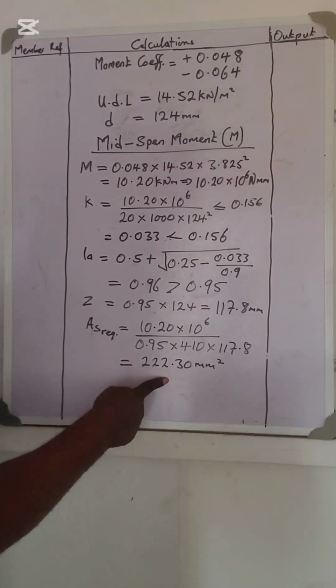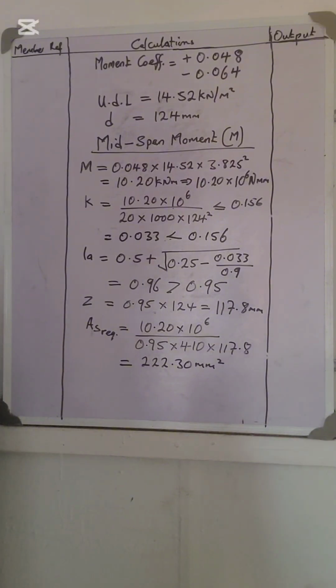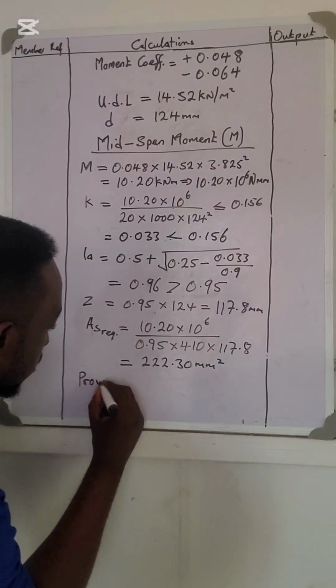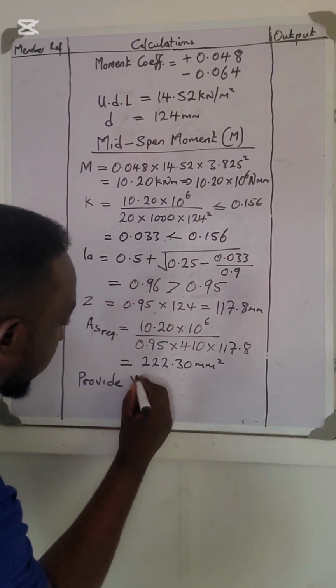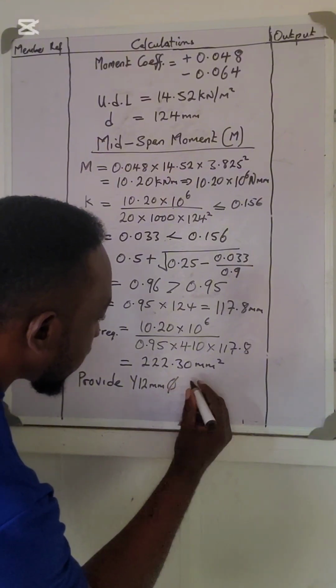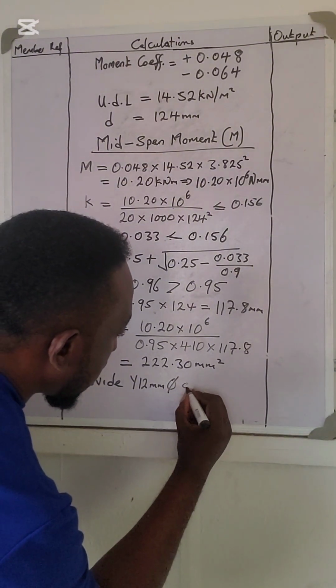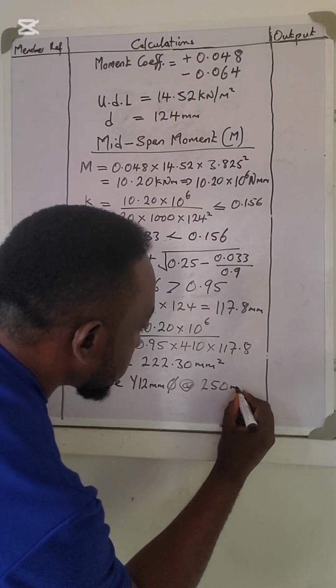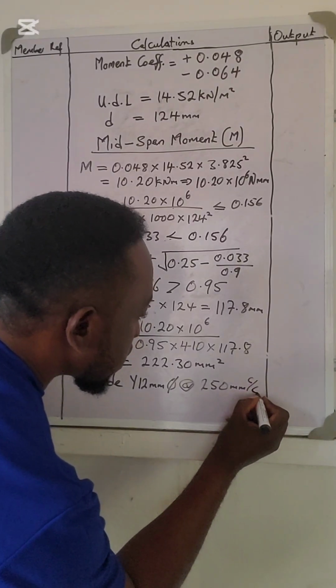I will jump that and go to 250. So I will now say, provide Y12 millimeter diameter bar at 250 millimeter center to center.